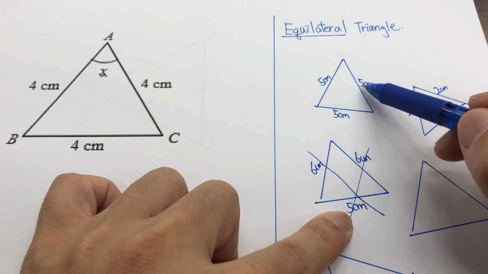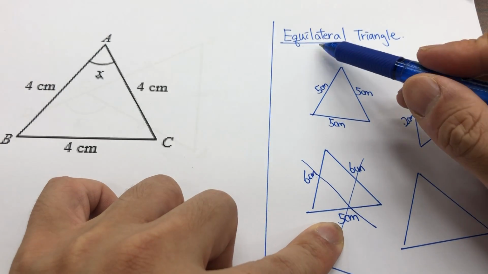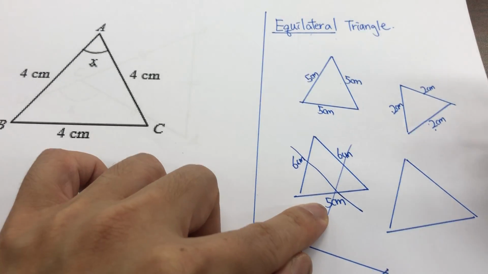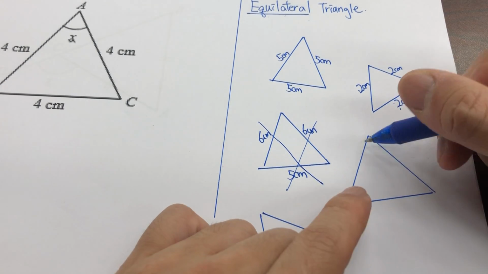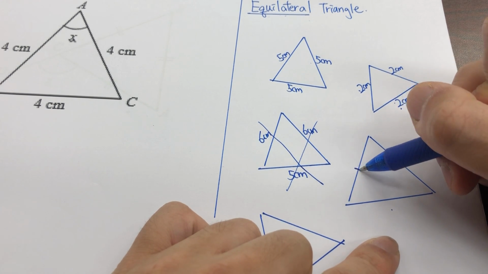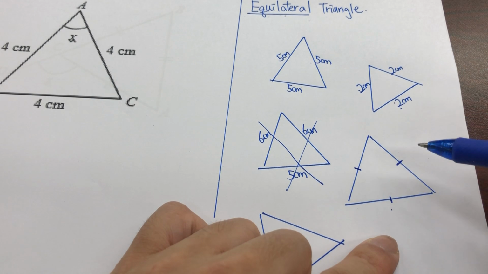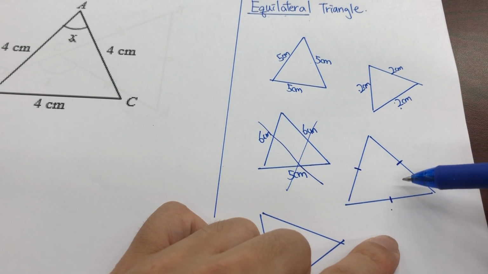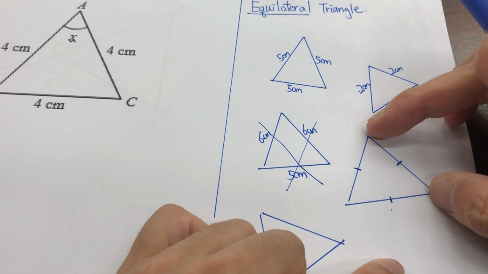When there are three sides the same, like this one or this one, then we call this an equilateral triangle. And we can also use some symbol. For example, if all the three sides are using the same symbol, one little line, one little line, and one little line, this also means that it is an equilateral triangle because this length and this length and this length are the same.